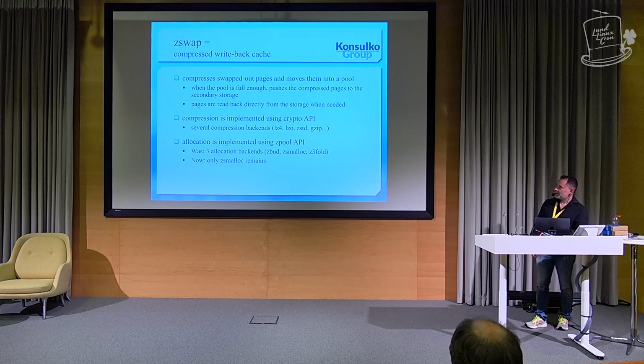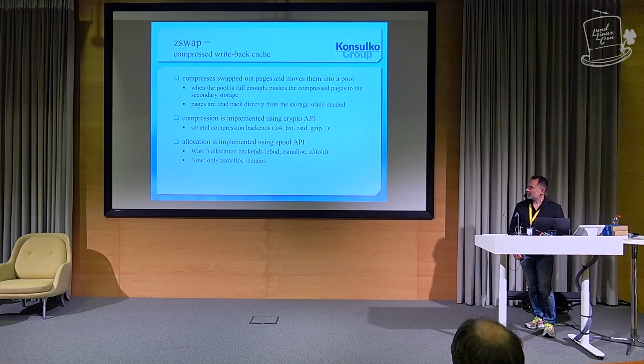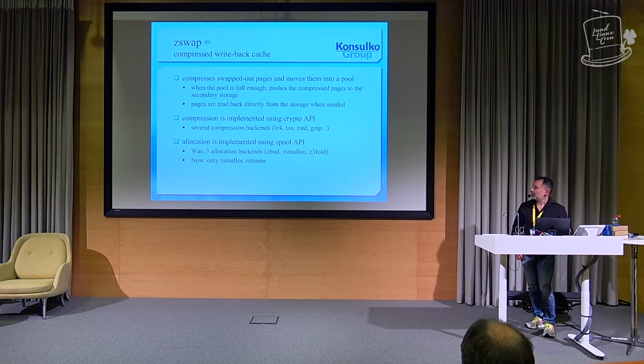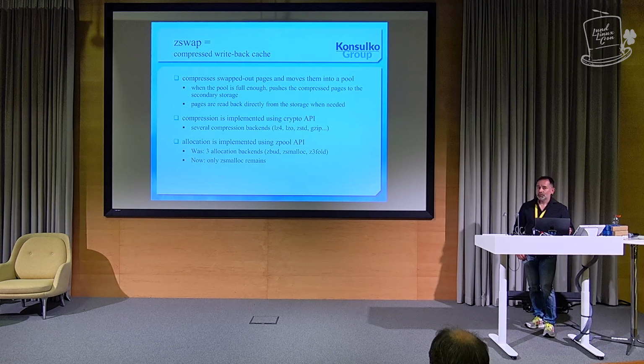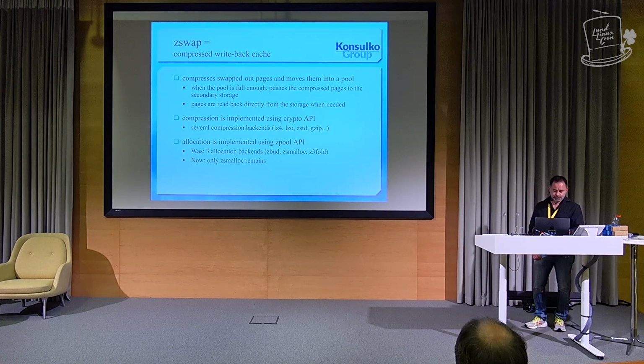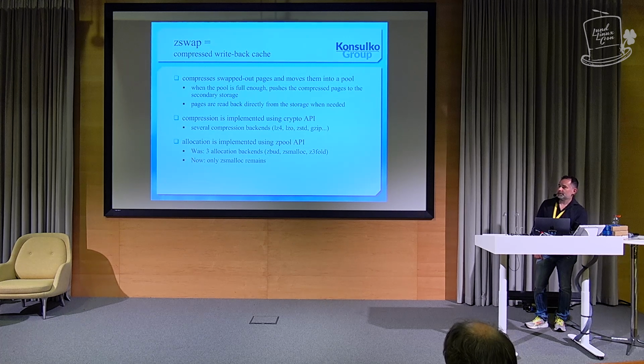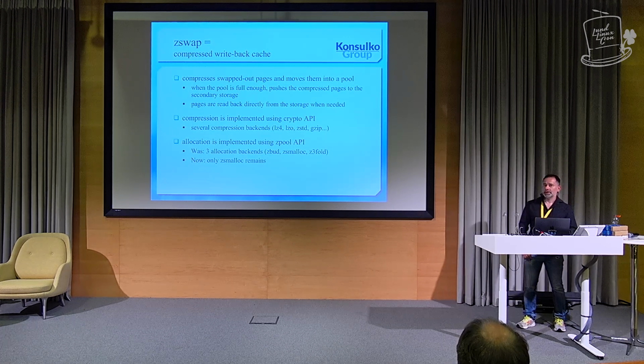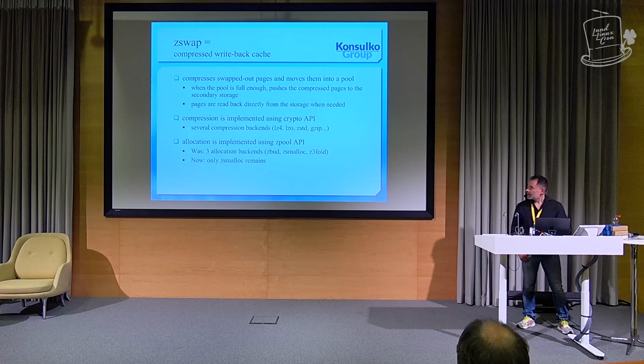And there were 3 such allocators up until recently, all using the Zpool API to communicate with Zswap, to provide callbacks to Zswap. And now there's only one, ZSmalloc, which is very fair, because it's one of the fastest and definitely the best in terms of compression density.